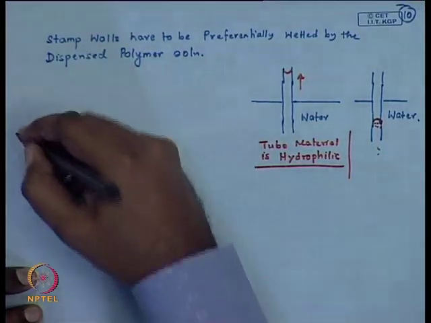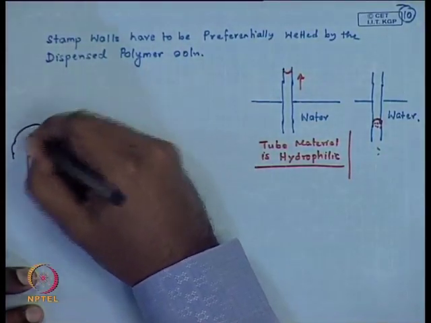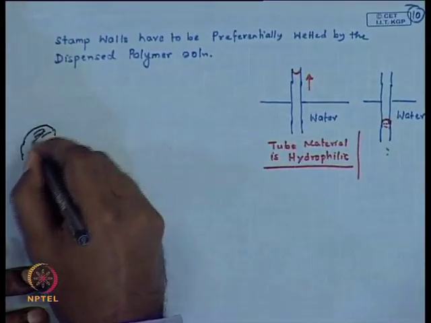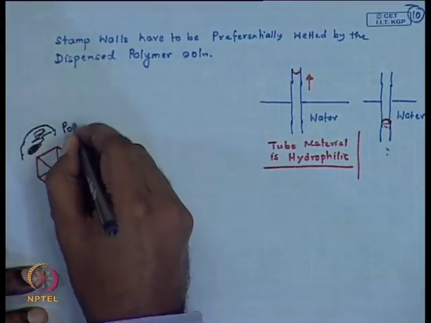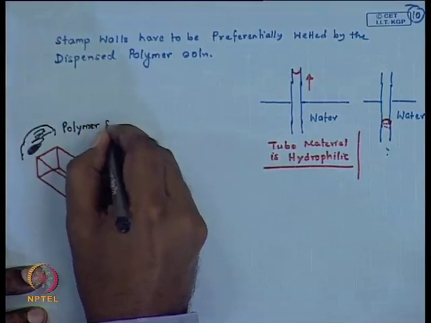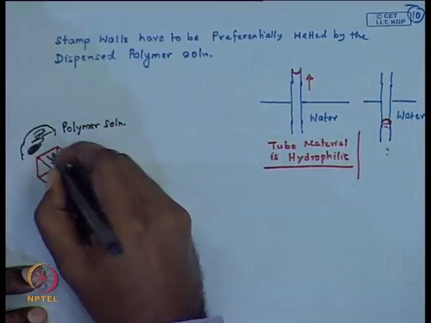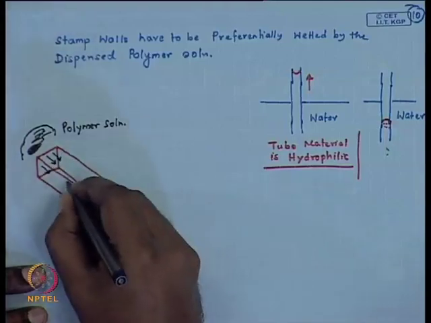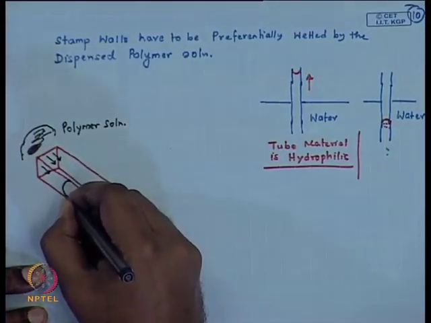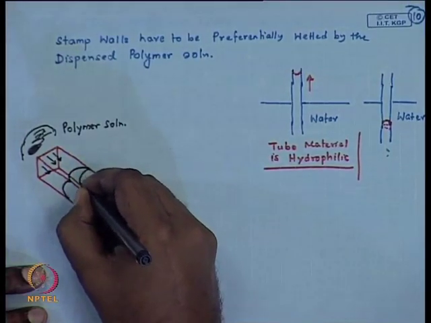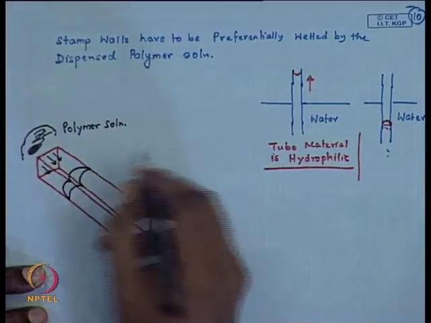So, here you have dispensed on this side the liquid, the polymer solution, which is filling from this side. Now, what happens is you typically would be seeing a liquid meniscus like this.